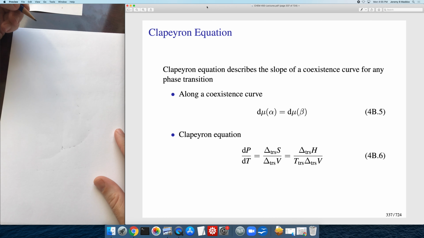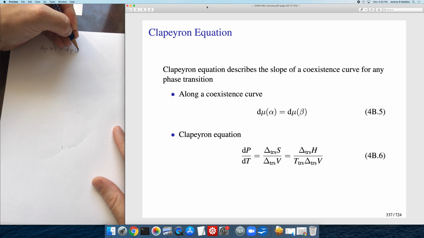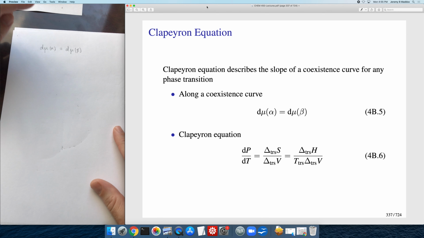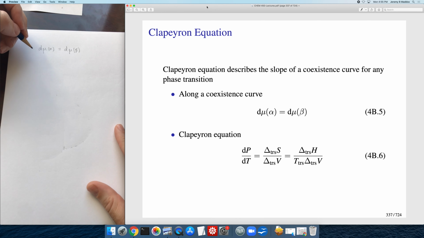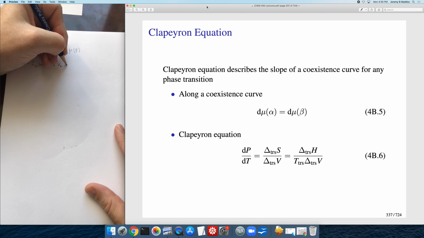So for any point along the coexistence curve, the change in the chemical potential of the alpha phase, whichever one that is, must be equal to the change in the chemical potential of the beta phase. And if you go back to the first equations that we looked at in this particular presentation, this can be expanded as minus the molar entropy of the alpha phase times dT plus the molar volume times dP.